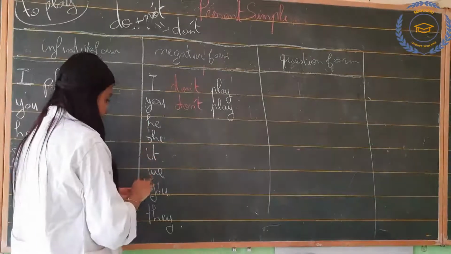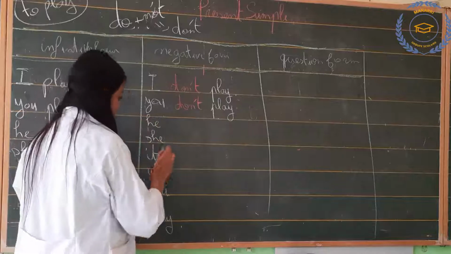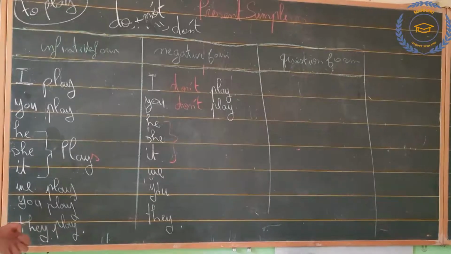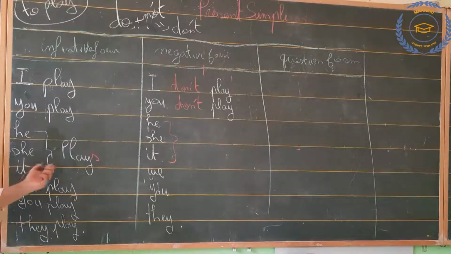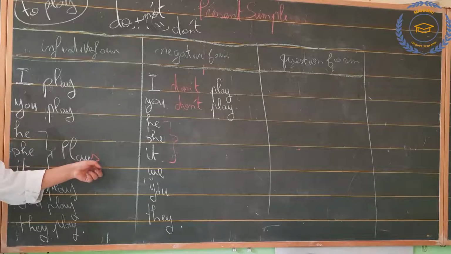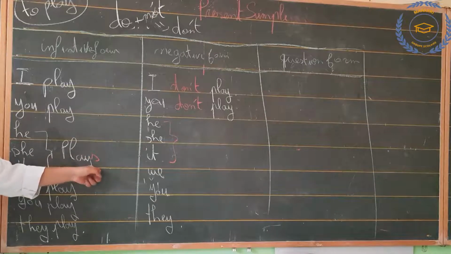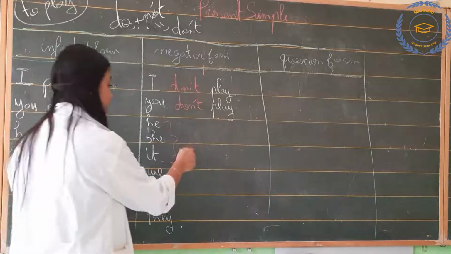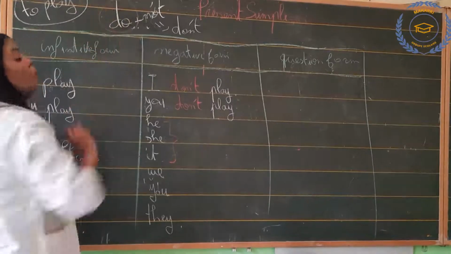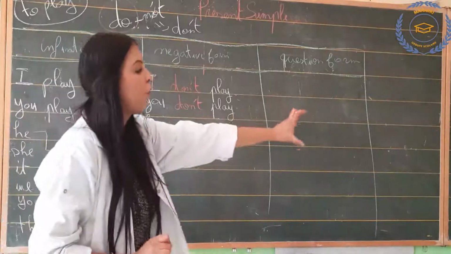He, she, it are always the exception. I told you here that if we have he, she, or it, the verb takes an s, or we add s to the verb. Here, the auxiliary do will take the s from the verb.